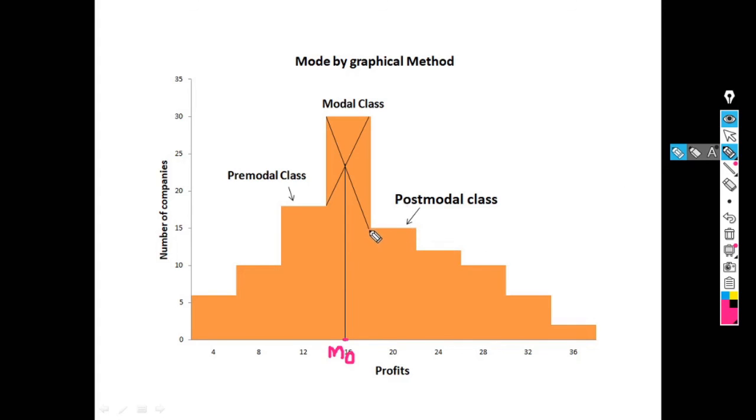After that, join the lower limit of post-modal class and lower limit of modal class by a straight line, and also join the upper limit of modal class and upper limit of pre-modal class by a straight line. Then from this point of intersection, draw a perpendicular line to the x-axis, and the point at which this line meets the x-axis is the value of mode. In this way we can calculate mode by using the graphical method.